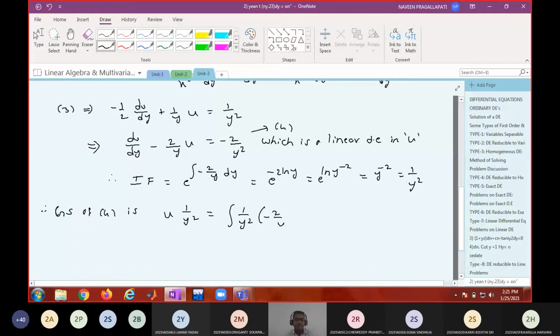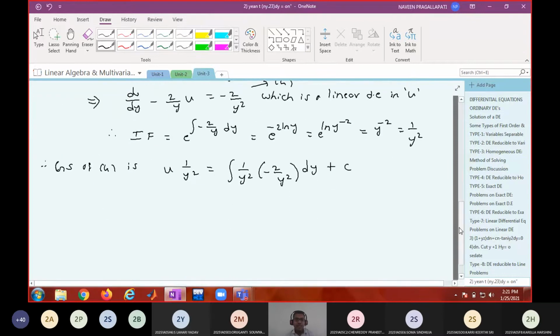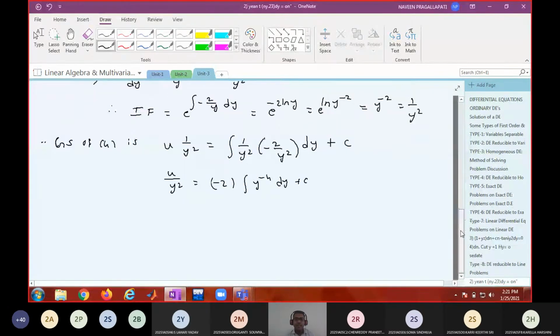If you have clarity on what you are doing, then you don't make mistakes. The flow will go nicely, so that you will be able to integrate easily. u by y square equals minus 2 into the integral of y power minus 4 dy plus c. What is the integration of y power minus 4? y power minus 3 by minus 3 plus c.